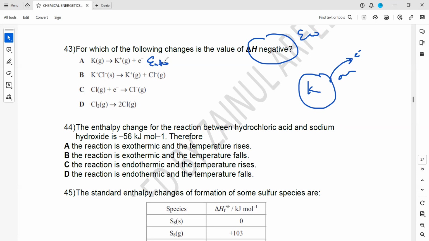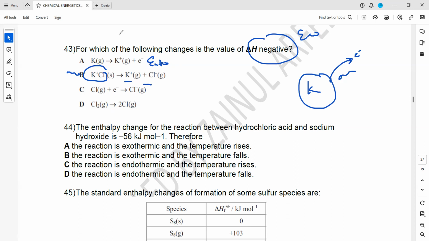When potassium ions and chloride ions are in a lattice, we break it down and separate them. If we want to separate the ions from each other, we have to provide energy so they can move away from each other, turning into potassium and chloride ion gases.